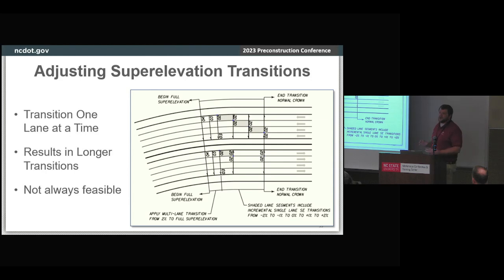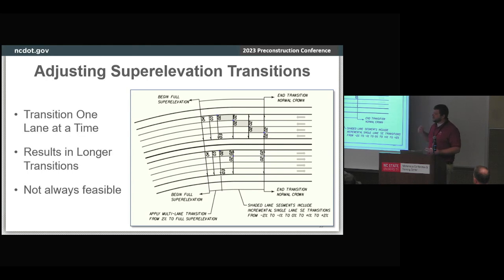One thing we're working with roadway on now is a super elevation transition, where it's not all transitioning every lane at the same time. We're looking at lane by lane transitions. This is something that Florida has done in the past, and they had to have profiles for each lane.